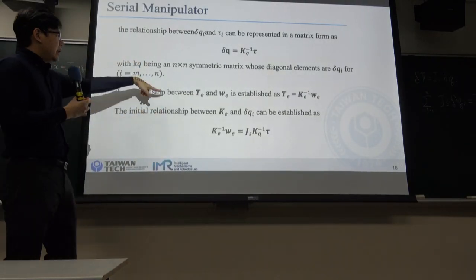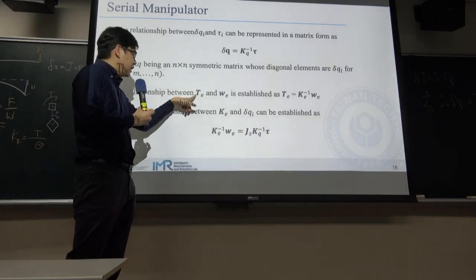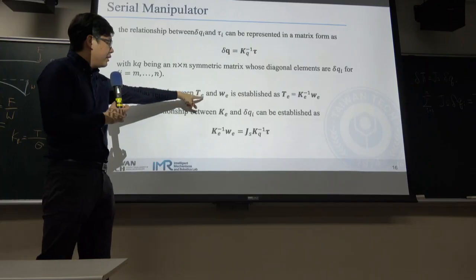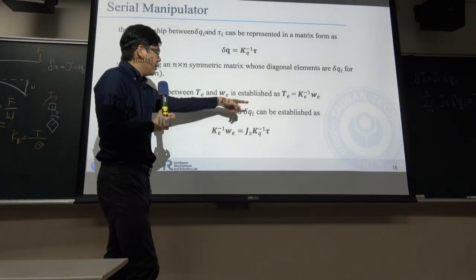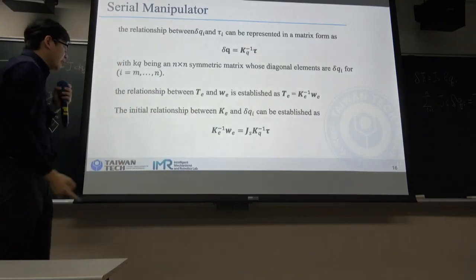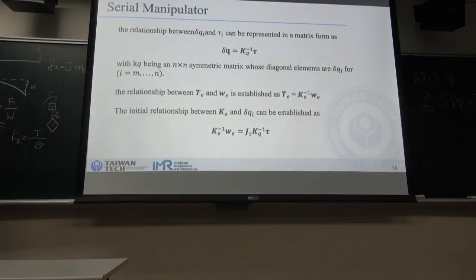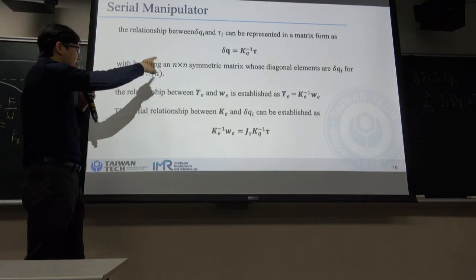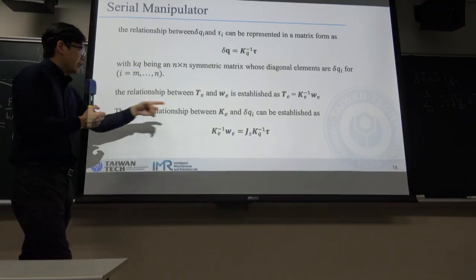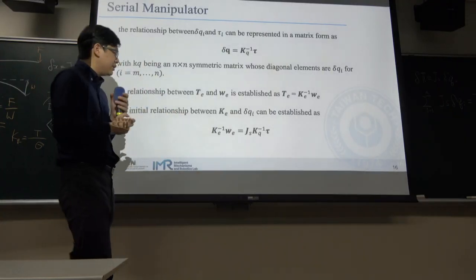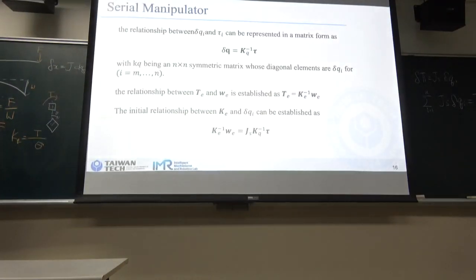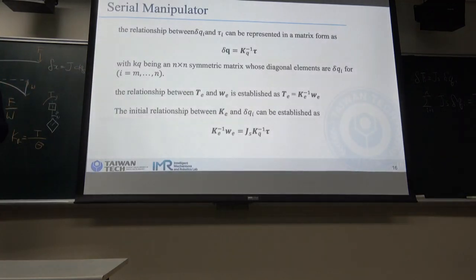So we can write it as this: this is the displacement of the external displacement of the n vector, and this is the force at the n vector. We can use the compliance matrix to establish this, and we can combine these two equations. So the relationship between Ke and delta Qi can be established as this. So this is all for the stiffness part.